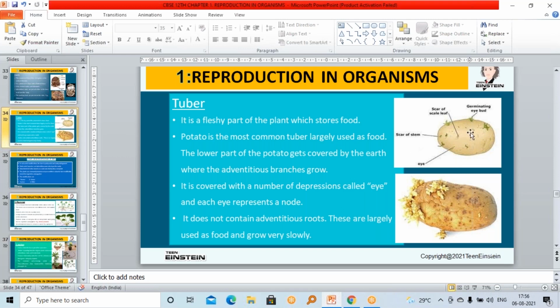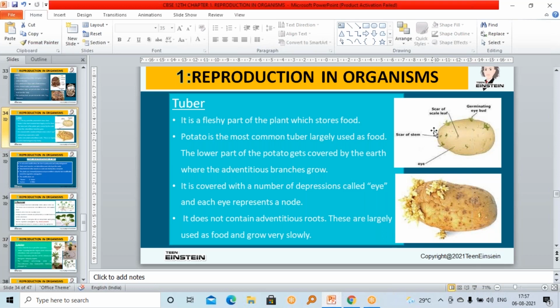And this is the most common tuber. Mainly it is used as food. So this is the common food. Just imagine the picture of potato in mind. The stem tuber is a swollen tip of underground stem.